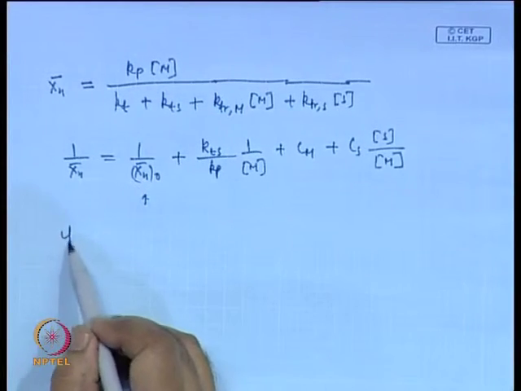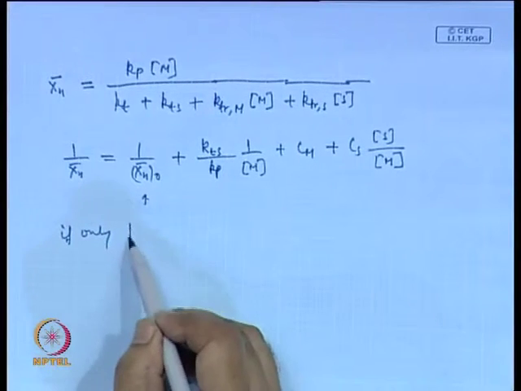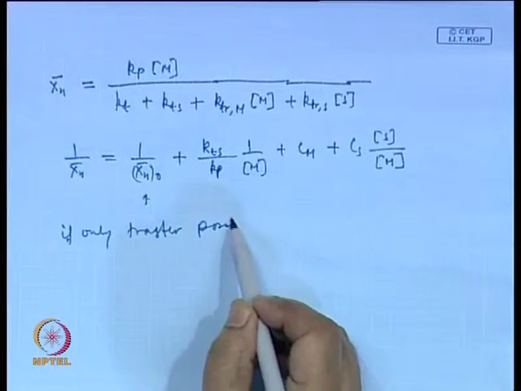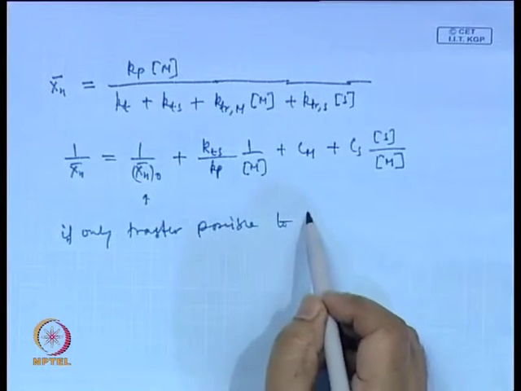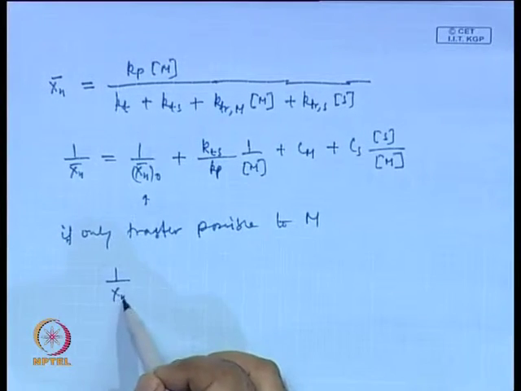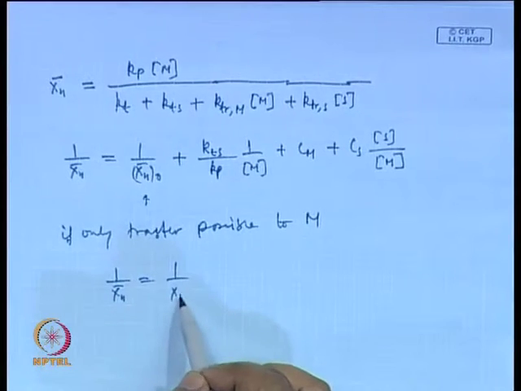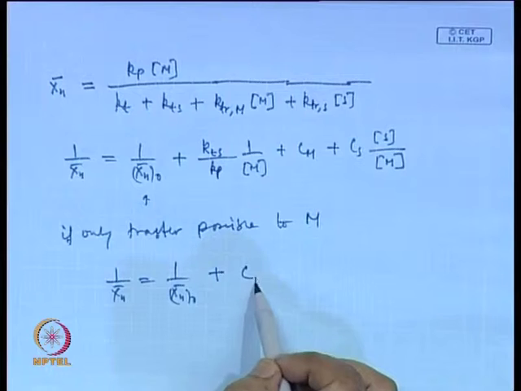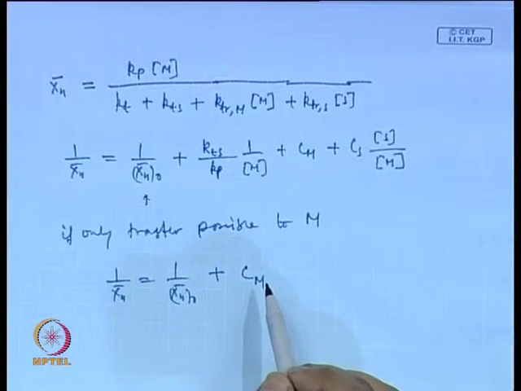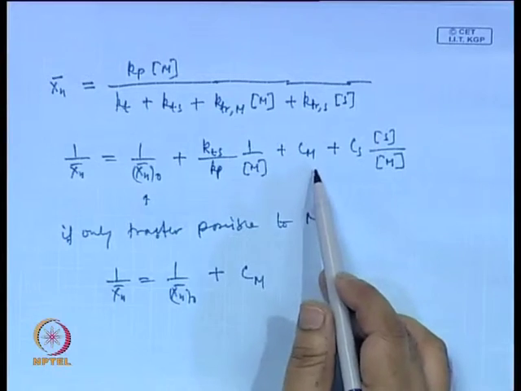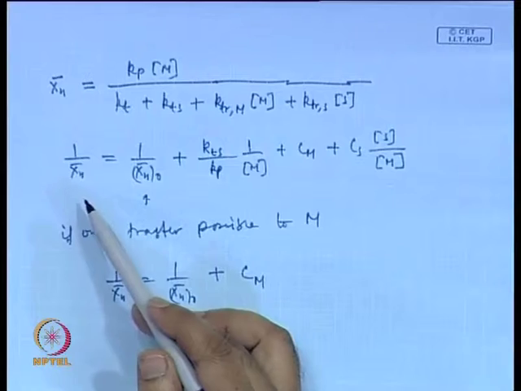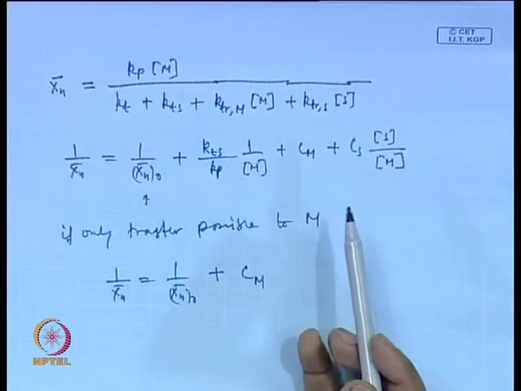So, if transfer is only possible to monomer, then we can write x n bar as this plus Cm. Okay, so the more the transfer reaction, obviously the average degree of polymerization comes down.